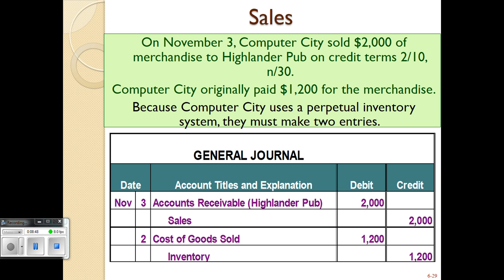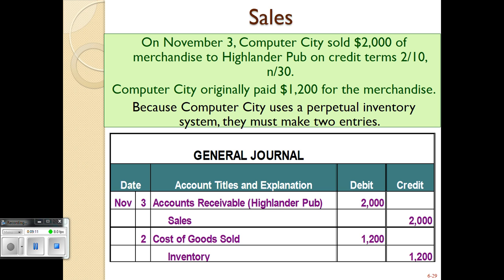Okay, so when it comes time to sell goods, I always record it at the gross price. So in this case, even though I've given them terms, I record the $2,000 at the gross price, realizing that if they pay within the 10 days, I'm going to have to adjust the dollar amounts to properly reflect that.